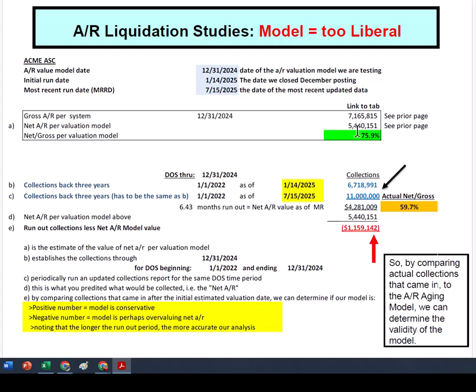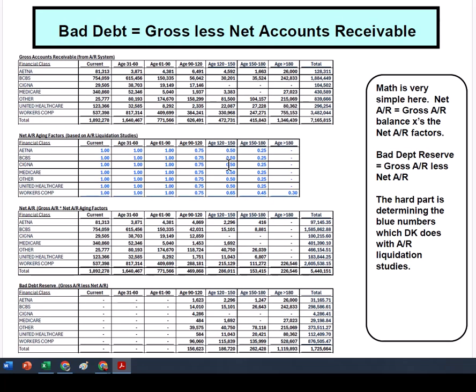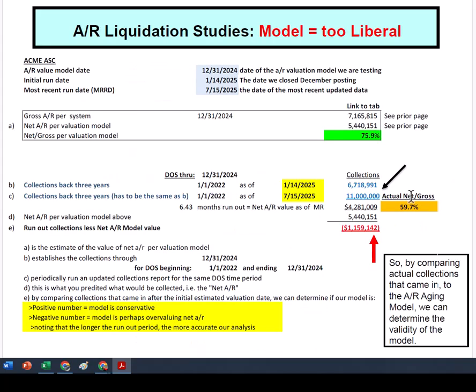I compare that to what I said I would collect, 5.4, and I see that I'm $1.1 million short, having what we call a run out, 6 or so months of run out. So in this case, my model is probably too liberal. I'm probably overestimating the value of my AR. So I have to adjust these factors.